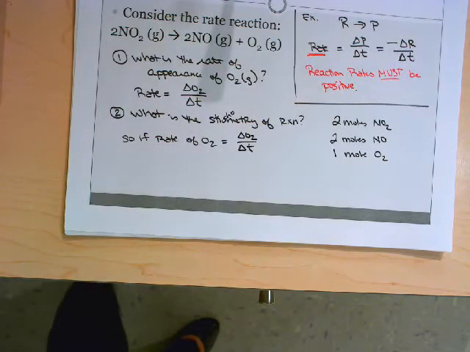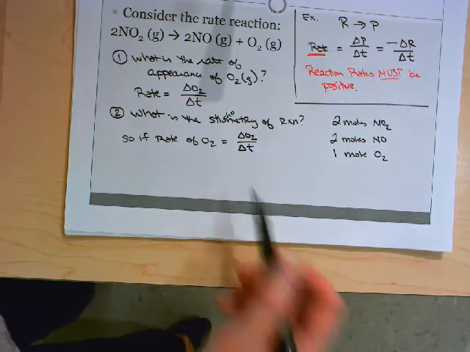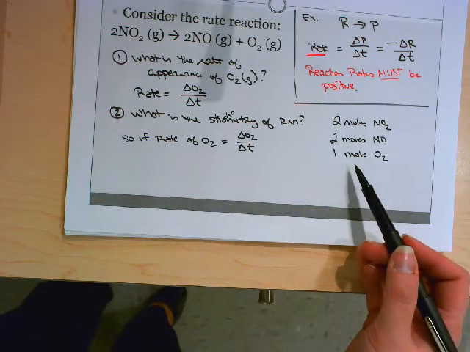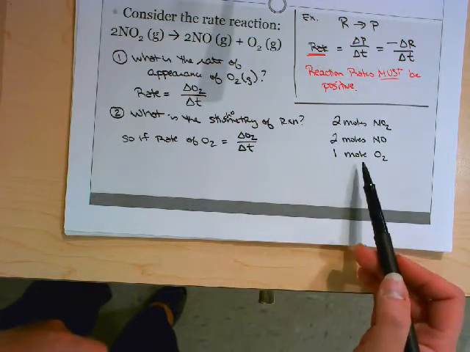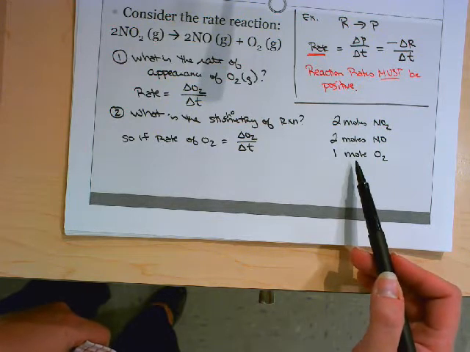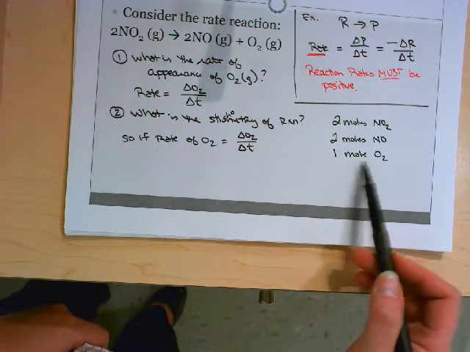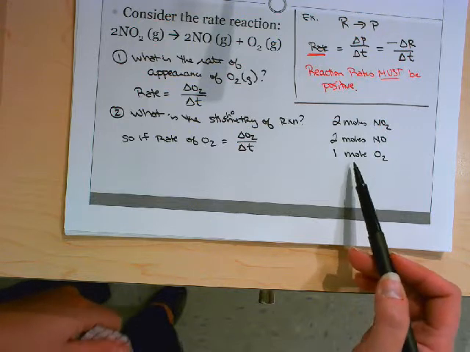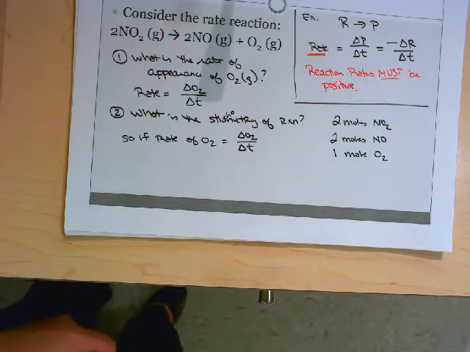Alright, so if the rate of the oxygen produced is change in oxygen over change in time, for every 1 oxygen, if I'm only producing 1 of these, this is where it's going to be conceptually, you're going to not believe me.